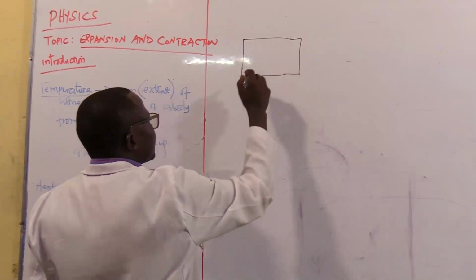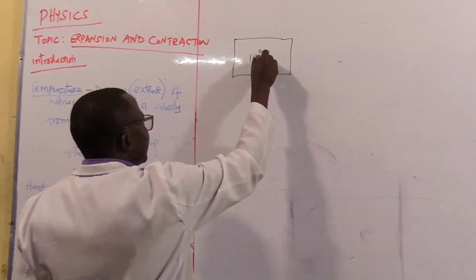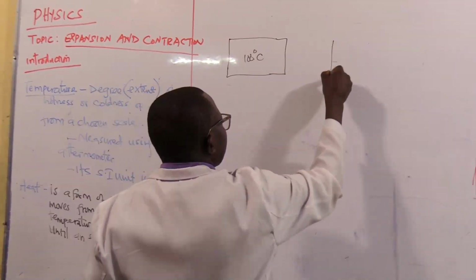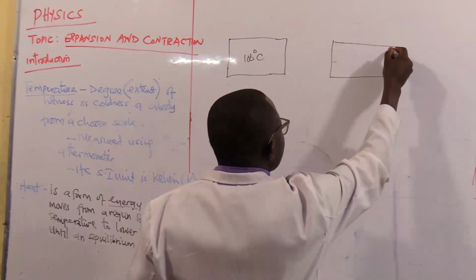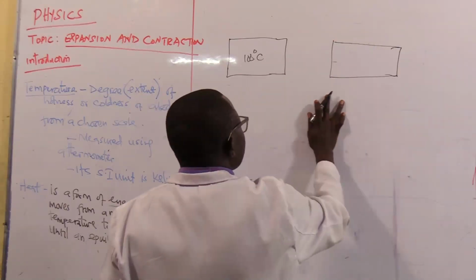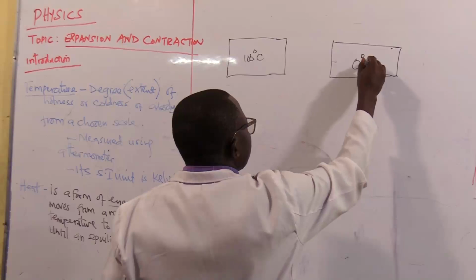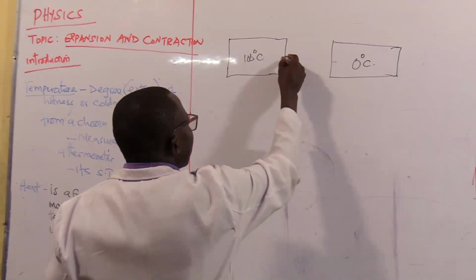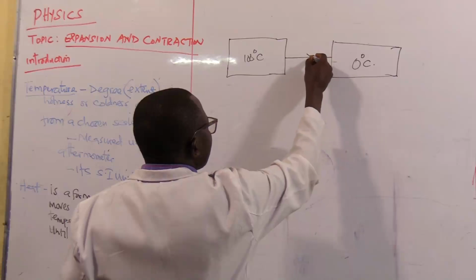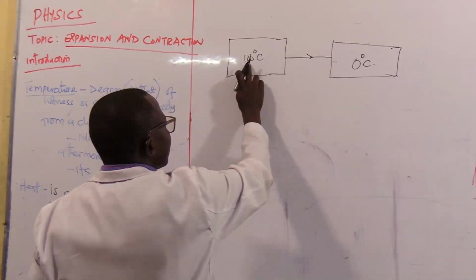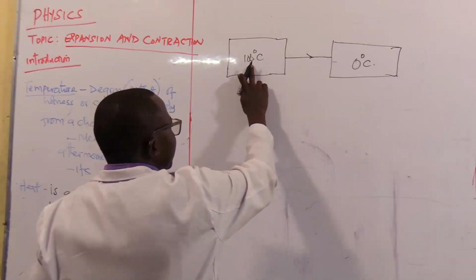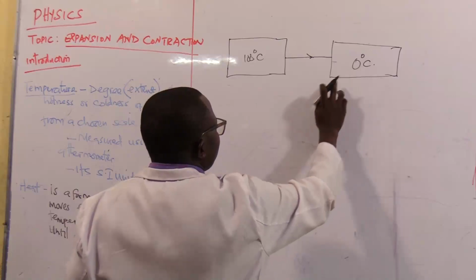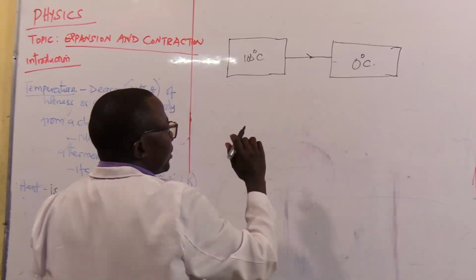One body is at a temperature, let's say 100 degrees Celsius. Another one is at a lower temperature, maybe 0 degrees Celsius. What will happen is that the heat will move from this region of high temperature to the region of low temperature until an equilibrium is reached.